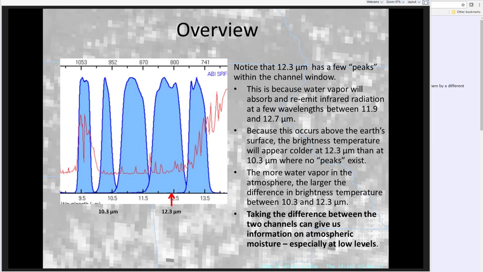And so you can surmise that there may be more low-level moisture available, which is one constituent for convective development. And there are the peaks that I was talking about before. Examining this channel over the day can be really useful for looking at how atmospheric moisture may be changing and how the atmosphere may be becoming more primed for convective development during the early to late afternoon.